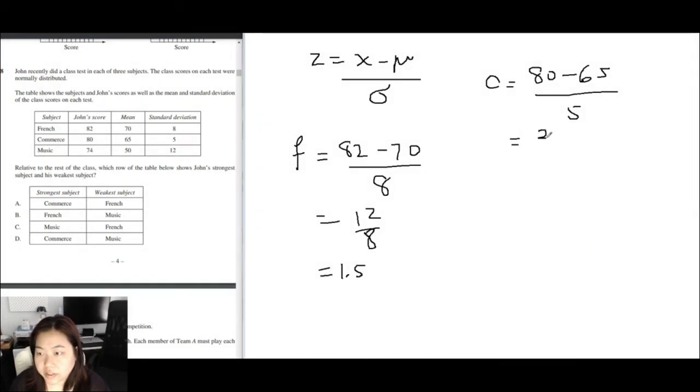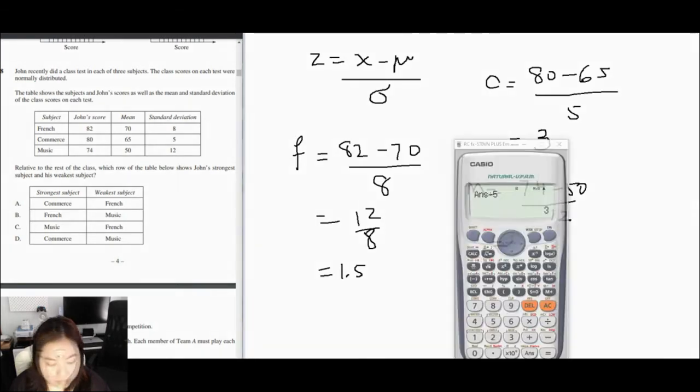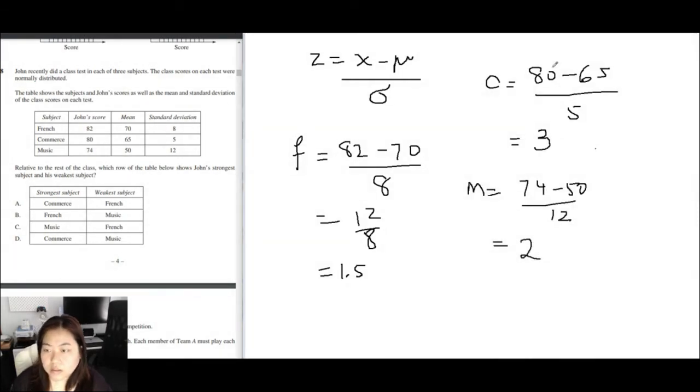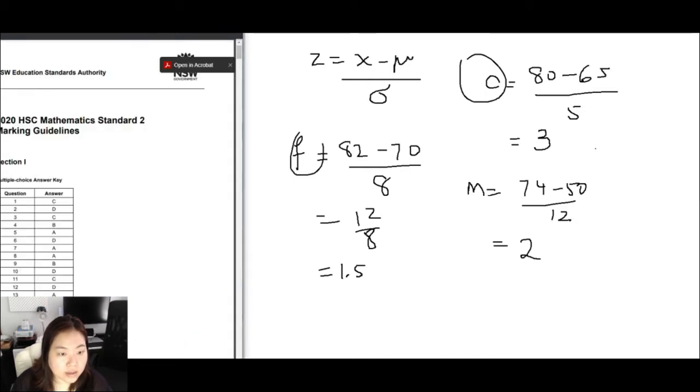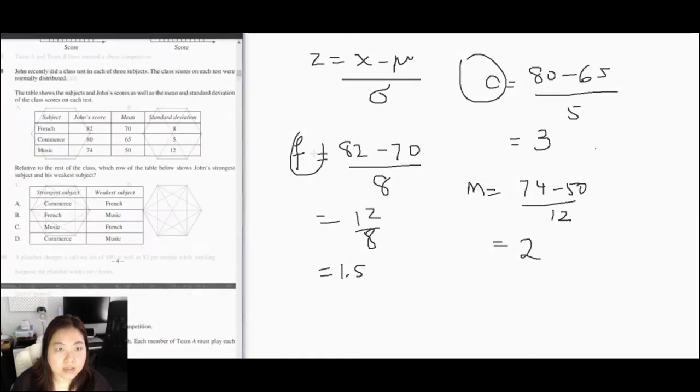Wow, that one's really good. And then music is equal to 74 minus 50 over 12. So his strongest is commerce and weakest is French. Commerce, French, 8A. Yes.